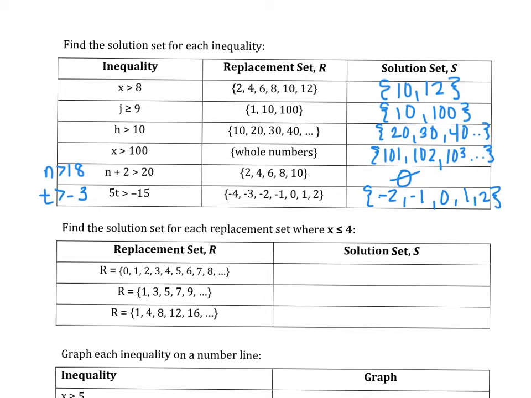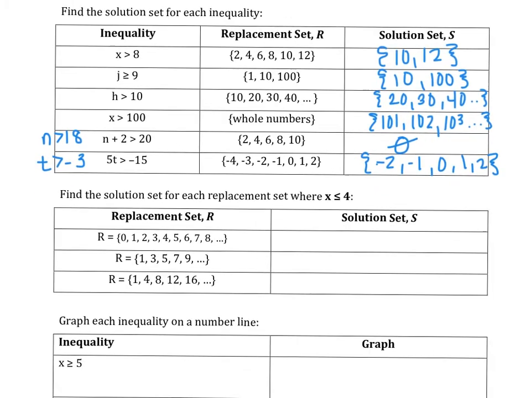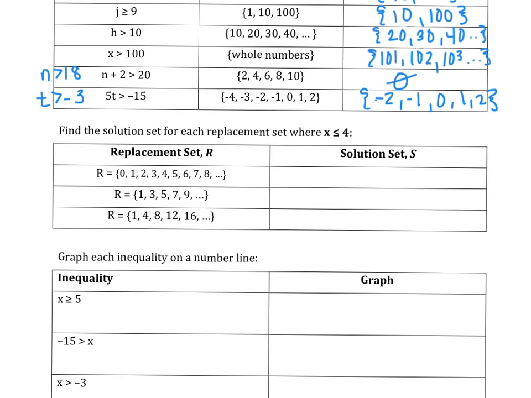Our next part is to find a solution set for each replacement set where x is less than or equal to 4. So our solution where x is less than or equal to 4 from our first replacement set, the ones that will solve that are going to be 0, 1, 2, 3, and 4.